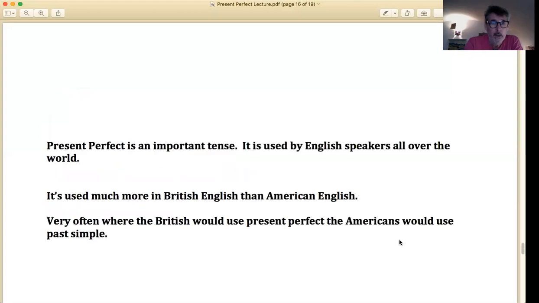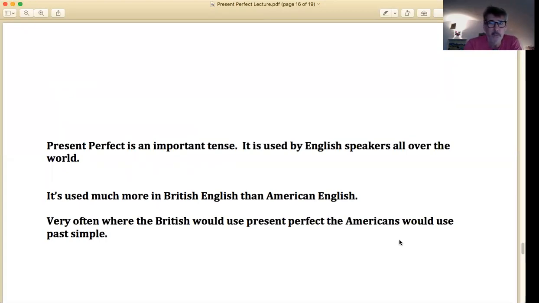All right. Now, again, present perfect is really important. We use it everywhere, all over the world. And again, just to remind you, it's more British than American, but Americans use it. You need to know it. As your grammar gets better, you'll be able to figure out the differences, where the Americans would use it.